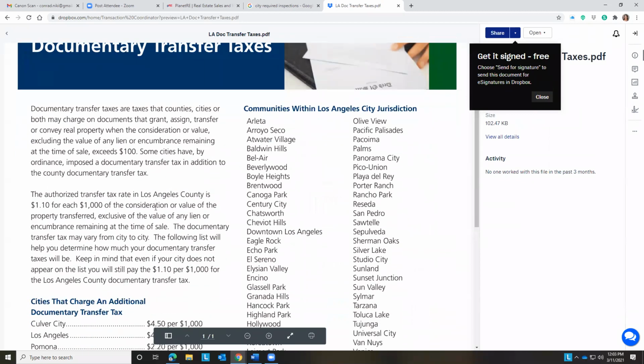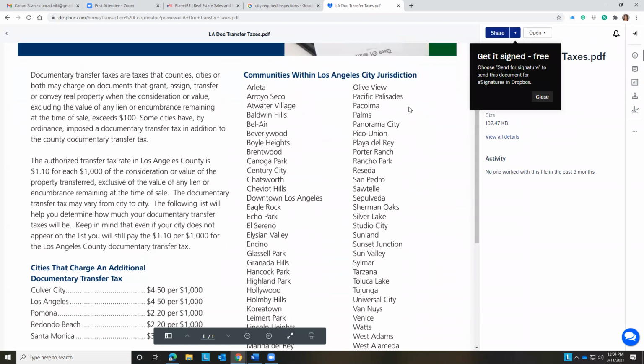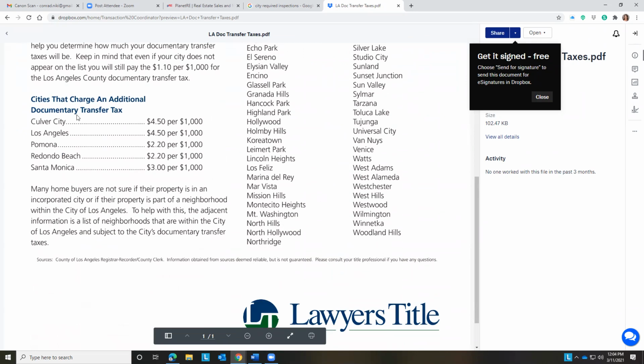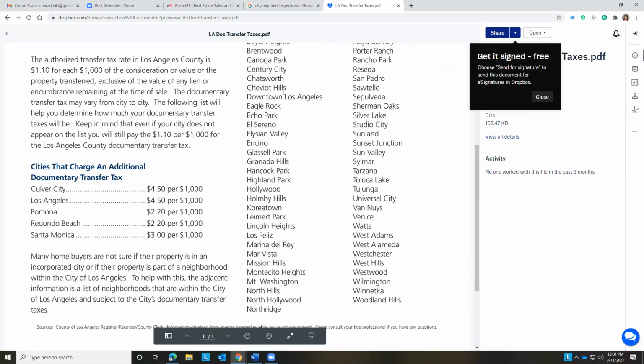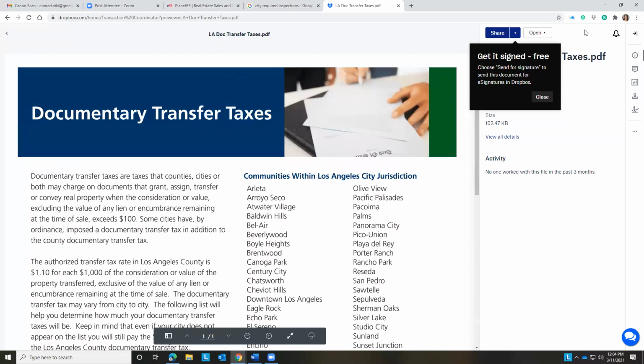These are all cities in Los Angeles that do require city transfer tax. Los Angeles is really a big city. These are the places in Los Angeles that require a city transfer tax, because not all of them do. Culver City, Redondo Beach, Santa Monica. So this came from Lawyer's Title.